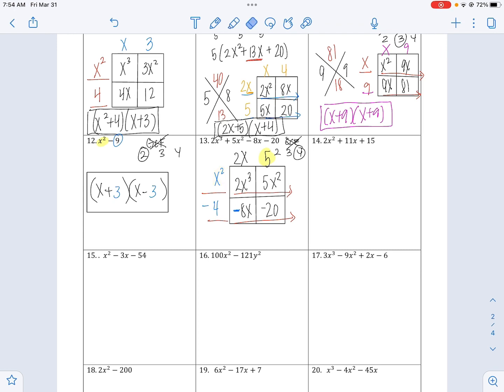Sorry, this 2 was a little too close, so I don't want to mess you up. Okay, we double check our work. Everything looks good. Just a quick little check. Awesome. These are our factors.